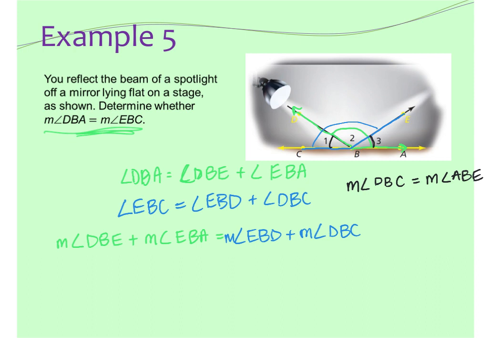Okay, so now what we do know is that DBC, this one, is the same as measure angle ABE. So let's go ahead and plug in ABE or EBA. So this becomes measure of angle ABE.